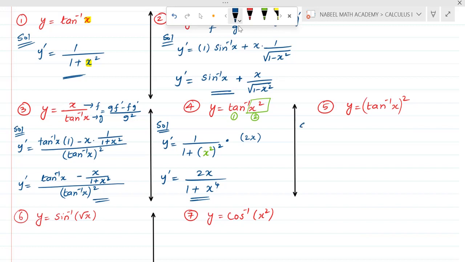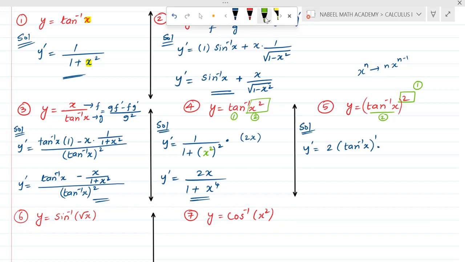Similarly here also we use the chain rule, the function of function. First you differentiate the power, then the tan inverse. So y prime is equal to, when you do the power, the x power n rule: n times x to the power n minus 1, with n equal to 2, giving 2 tan inverse x. So the power is over.